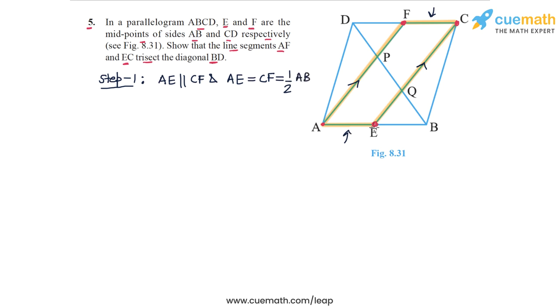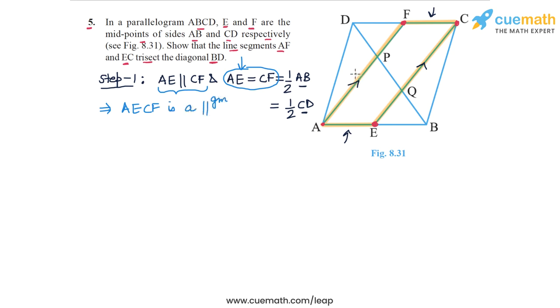So AE is equal to half of AB and CF is equal to half of CD, and AB and CD are equal because they are opposite sides of the parallelogram ABCD, and this means that AE and CF are also equal. So in the quadrilateral AECF, we have a pair of opposite sides which is parallel as well as equal, and from here we can conclude that AECF is a parallelogram.